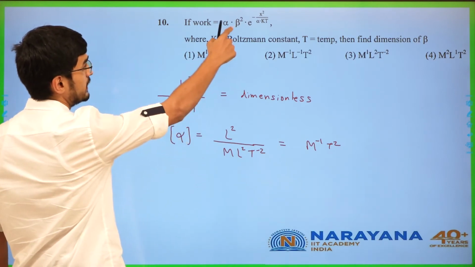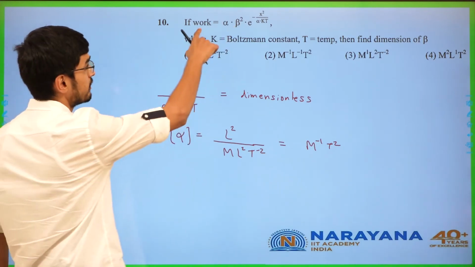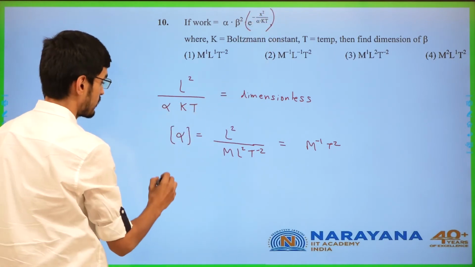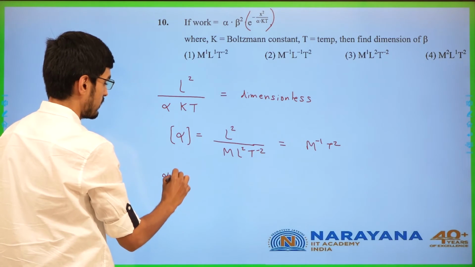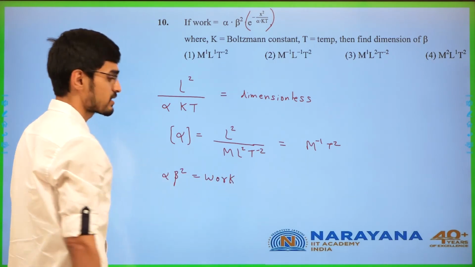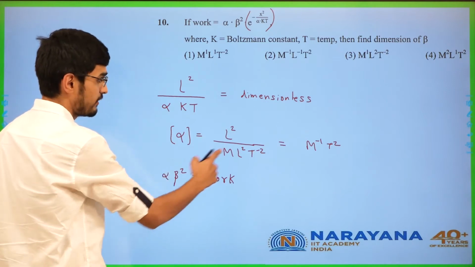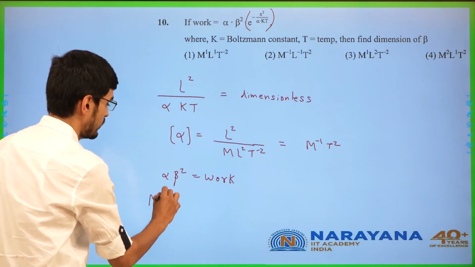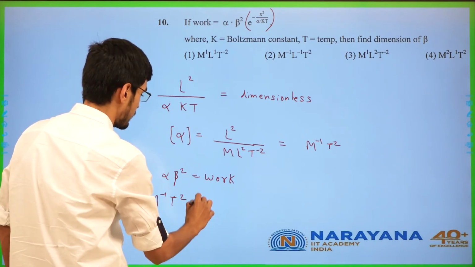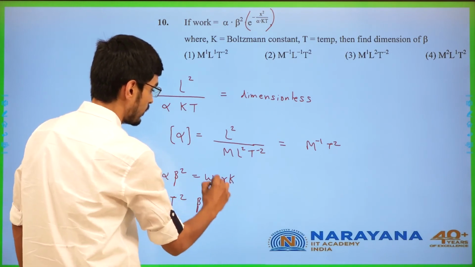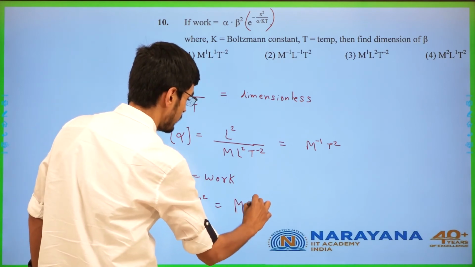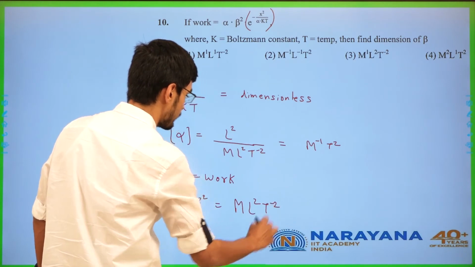Now alpha into beta square therefore must have the dimensions of work, because this exponential quantity also will be a dimensionless quantity. So alpha into beta square should have the dimensions of work. Alpha dimensions we already know, M power minus 1 T square, into dimensions of beta square equals, work is also dimensionally same as energy, so I'll use that again, M L square T minus 2.